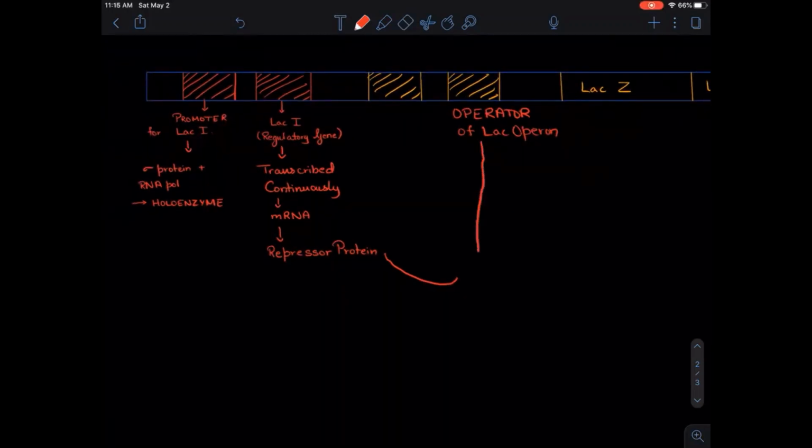So when the repressor protein binds to the operator of the Lac Operon, transcription of the operon is inhibited.